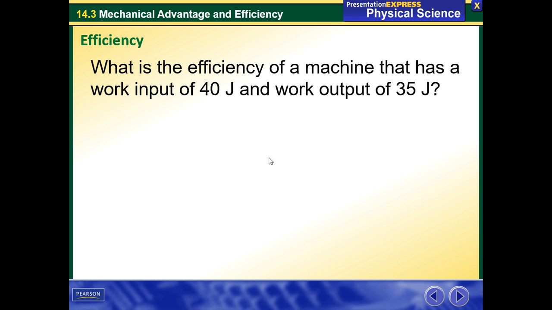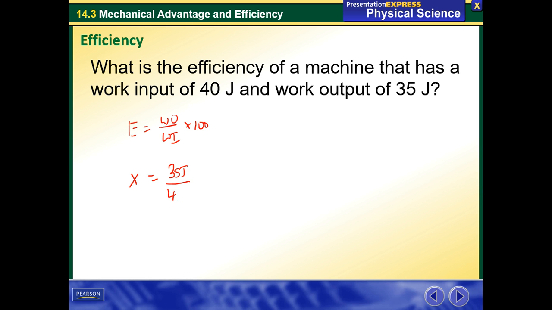Here's an example for efficiency. So again, we're going to just go ahead and jot down the equation. Efficiency equals work output divided by work input times 100. And you just plug in what you know. What is efficiency? Well, efficiency is X. Work output, we're going to see, is 35 joules.